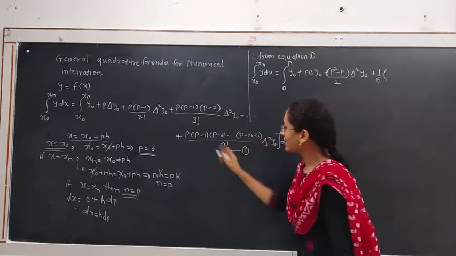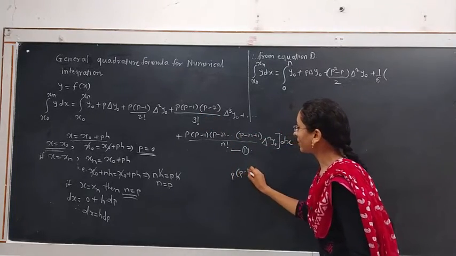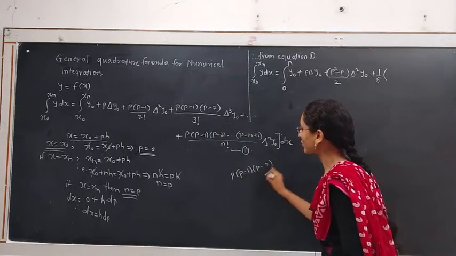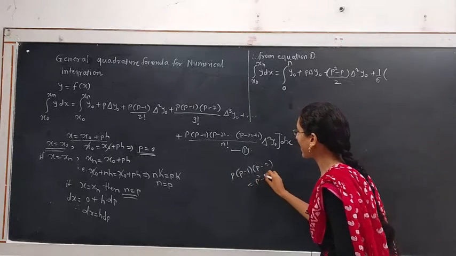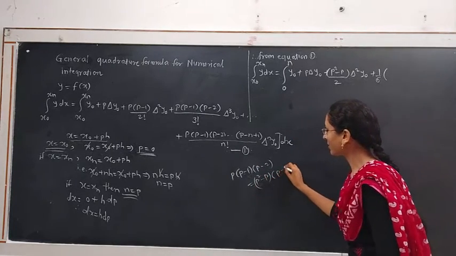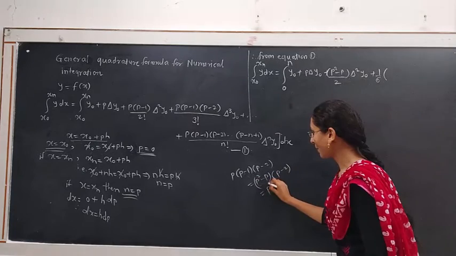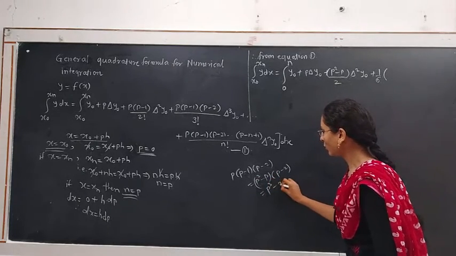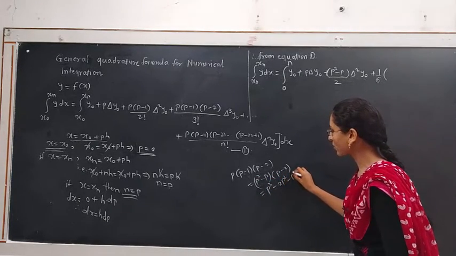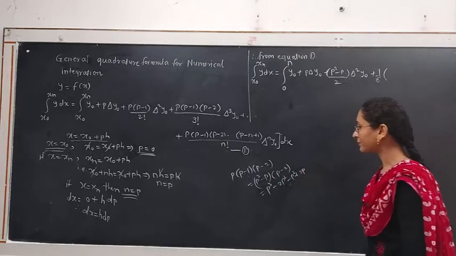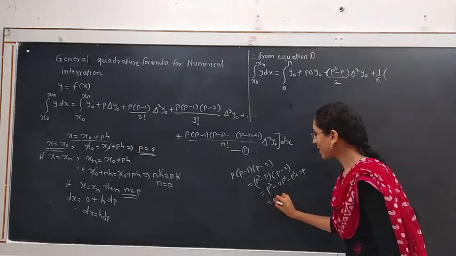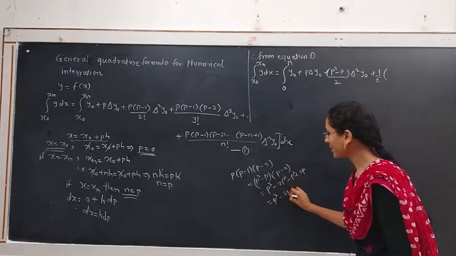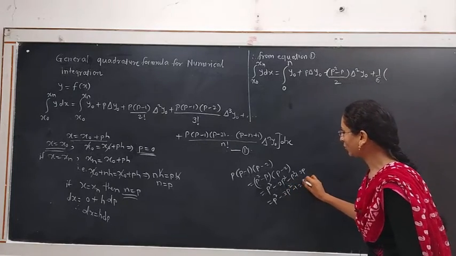This multiplication is p into (p minus 1) into (p minus 2), equal to (p square minus p) into (p minus 2), equal to p cube minus 2p square minus p square plus 2p, which gives p cube minus 3p square plus 2p.